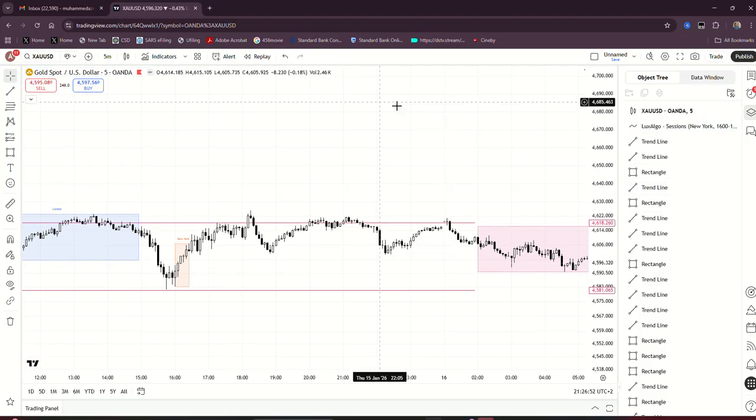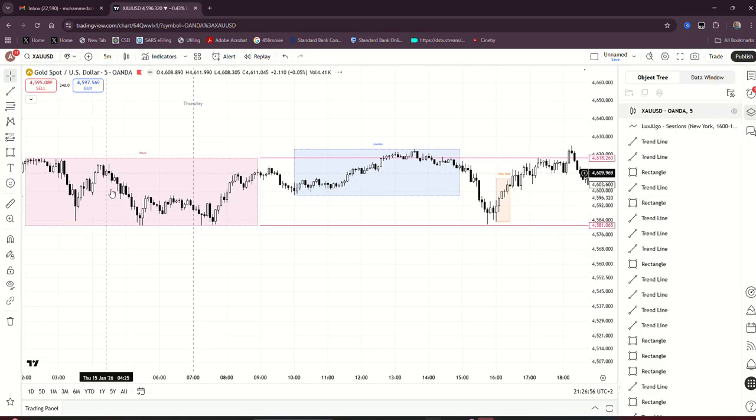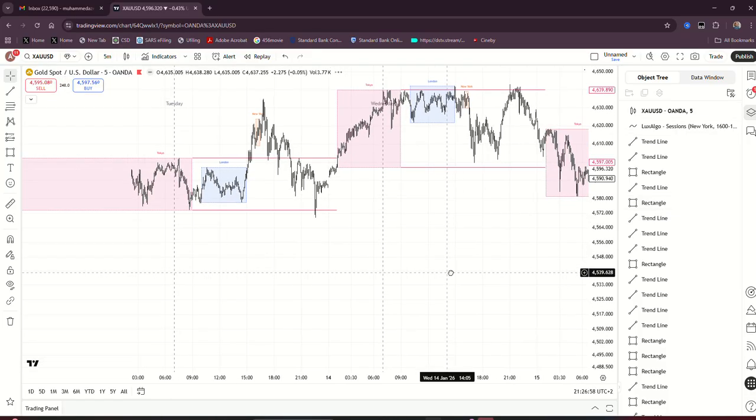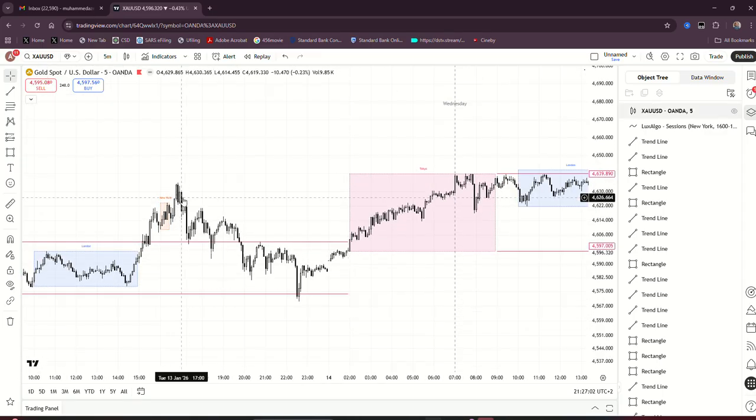I showed you guys an example of an uptrend. Let me look for a clear one somewhere. Right, here we go. Here's an example of a downtrend. You can see clearly the market is in a downtrend. How do we know this? We see that the market is creating new lows, new lower lows, and of course a lower high.